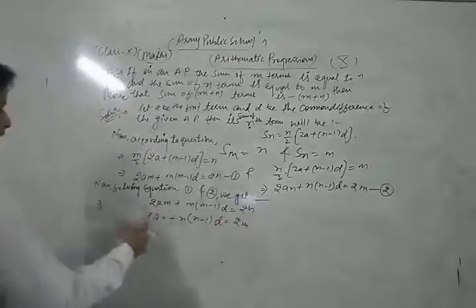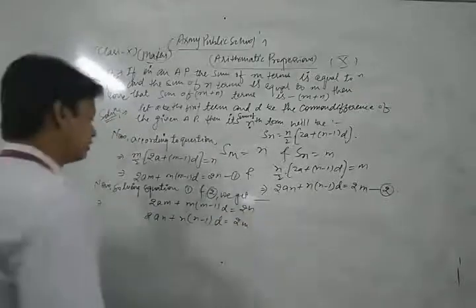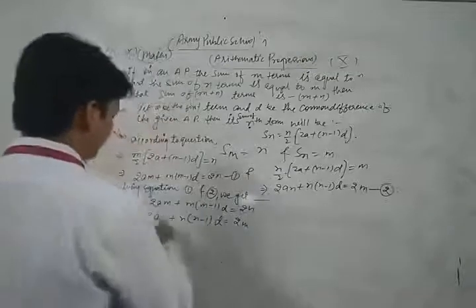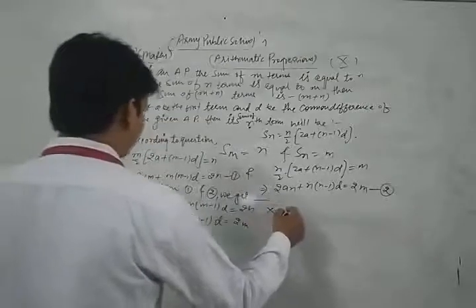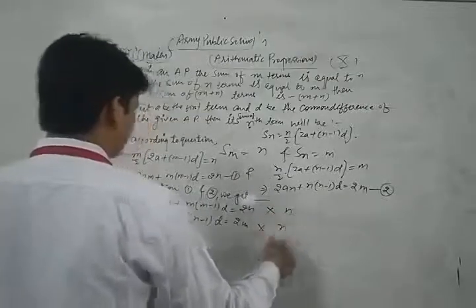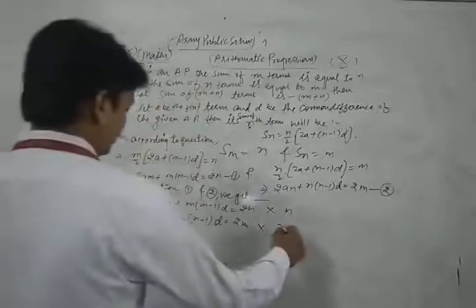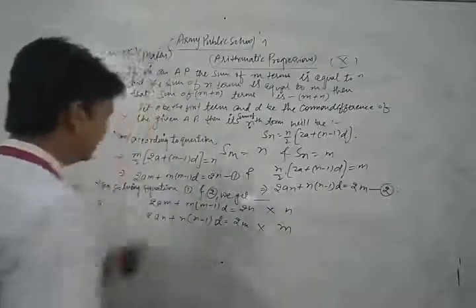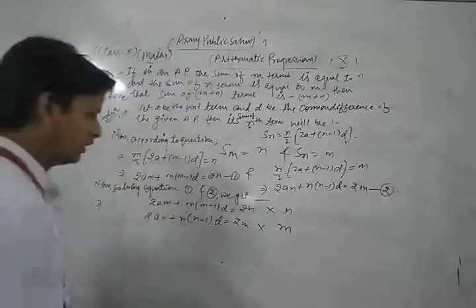This one has 2am and this one has 2an, so we multiply equation 1 by n and equation 2 by m, by equating the term 2amn. Now let's see.